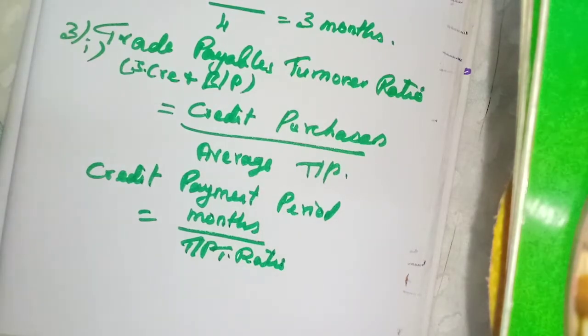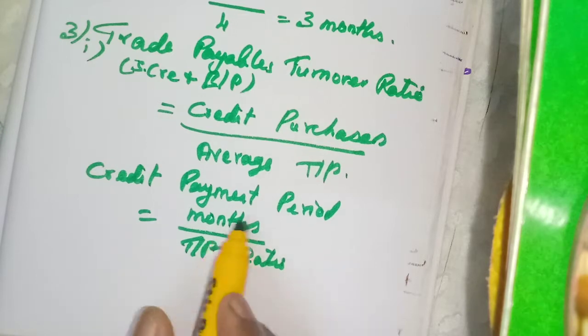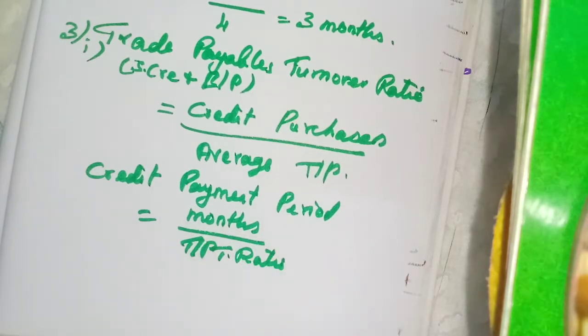So now I will read the 10th problem. From the following figures obtained from Arjun Limited, calculate the trade payables turnover ratio and credit payment period. Here they have asked in days, so we have to use the number of days in the year. Credit purchases given.